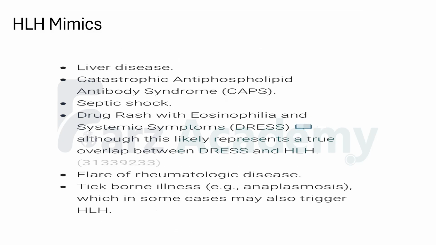I've already mentioned the HLH mimics: liver disease, catastrophic antiphospholipid antibody syndrome, because again it's a multi-system involvement in those cases, septic shock, drug rash with eosinophilia and systemic symptoms, hypersensitivity drug reactions, flare of rheumatological diseases, tick-borne illnesses. They mimic HLH. If immunosuppressants help your condition get better, then you label it as HLH disease. If not, then they are HLH mimics, one of these.